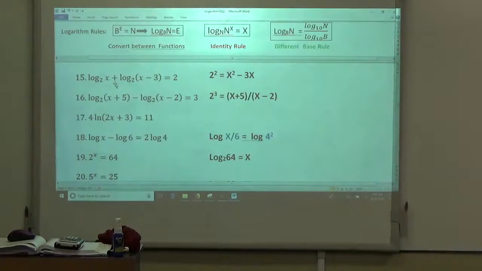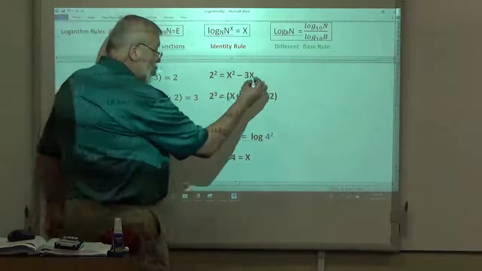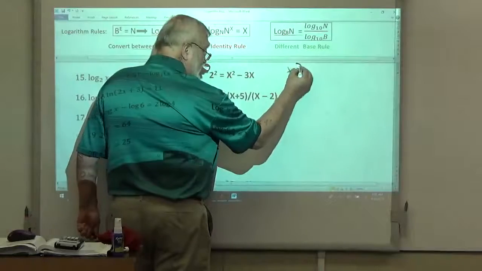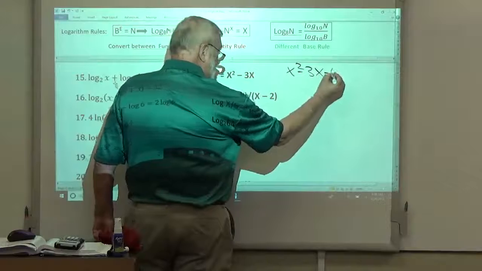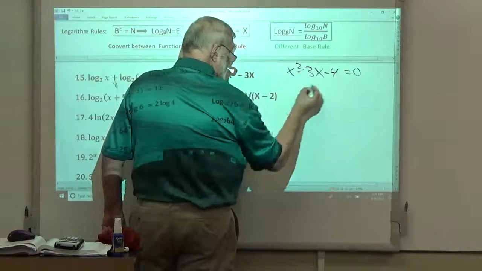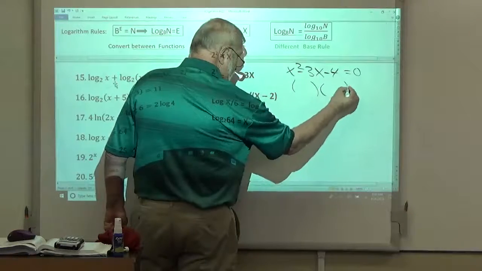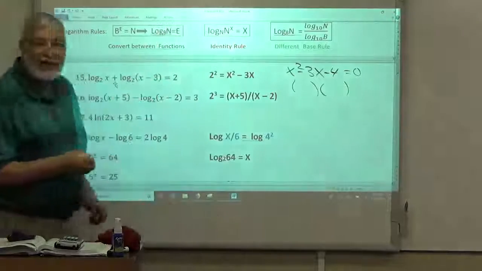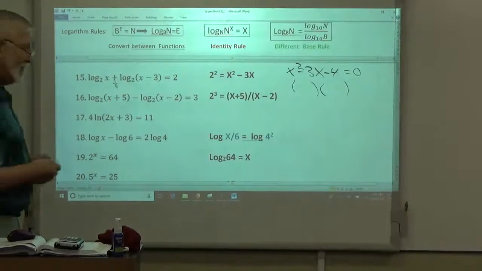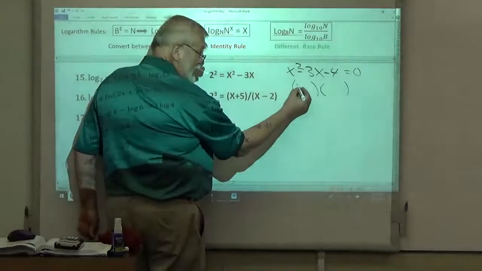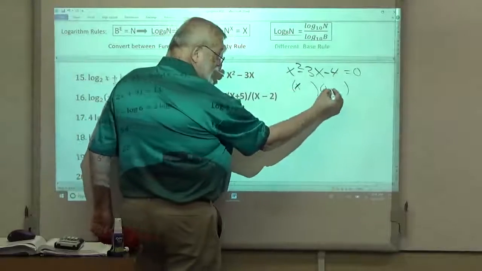And now we have a quadratic function. What is 2 squared? It's 4. So that says x squared minus 3x minus 4 equals 0. And what are the binomials going to be? I know I have to have x here and x here.